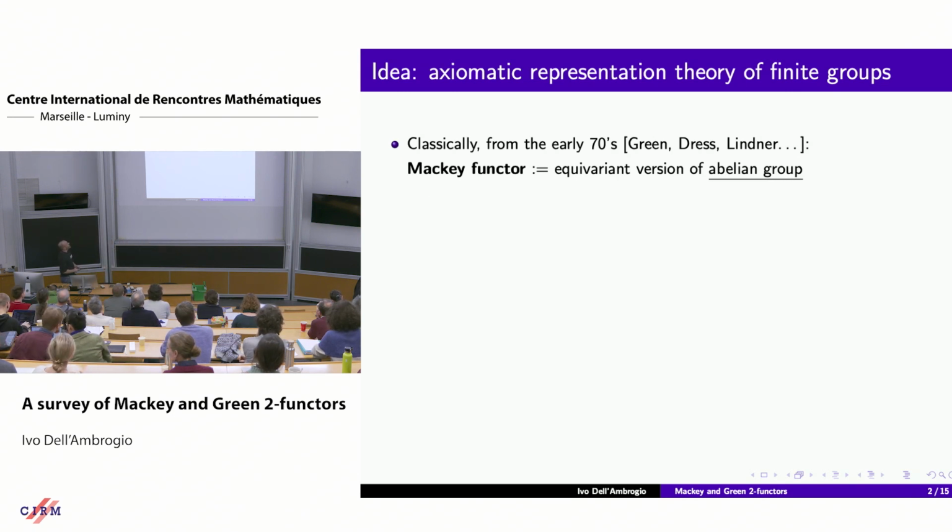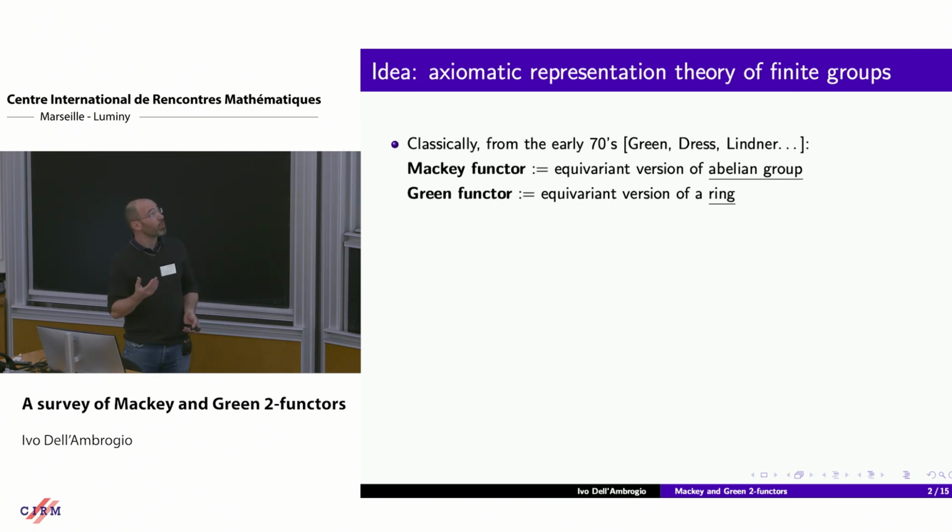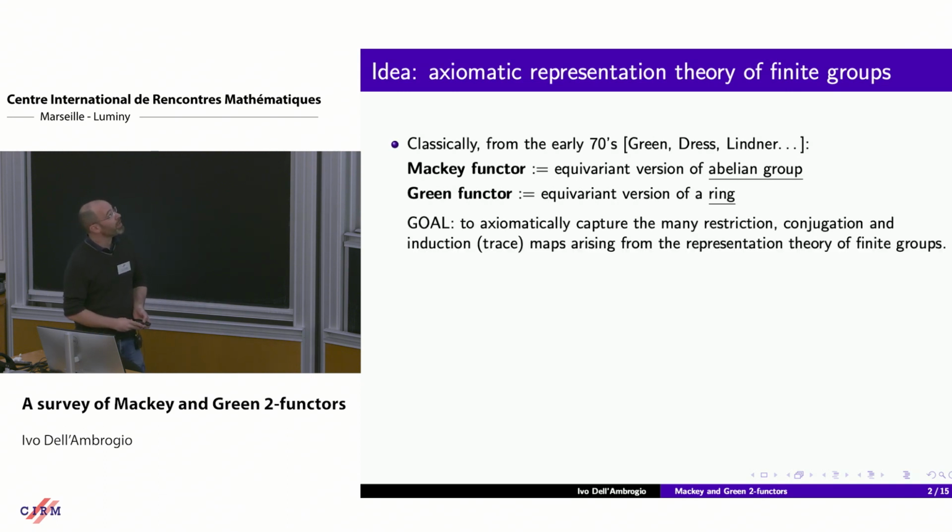So a Mackey functor should be some algebraic gadget which is an equivariant version of an abelian group. And a Green functor is the associated equivariant version of a ring, so an associative unital monoid. Okay? And now, what does equivariant mean?